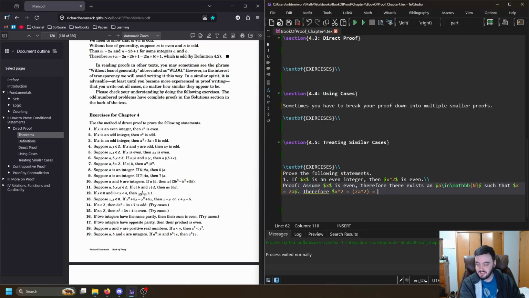Oh no, sorry. 2 is the thing we need to be pulling out, not an a. Squared, which means x squared is even. Boom.